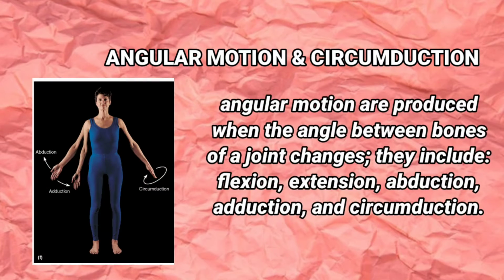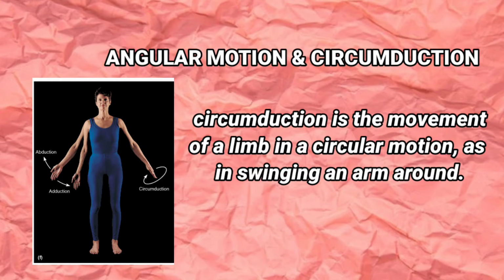The third movements are angular motion and circumduction. Angular motions are produced when the angle between bones of a joint changes. They include flexion, extension, abduction, adduction, and circumduction. Circumduction is the movement of a limb in a circular motion, as in swinging an arm around.